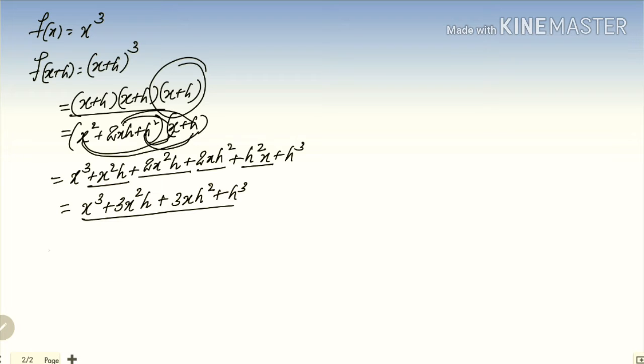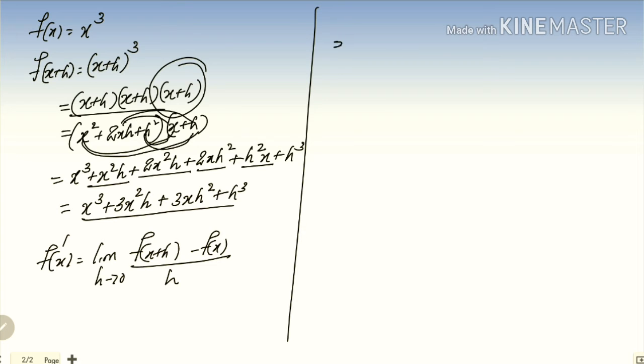Now we can use the formula, f dash x is the limit as h tends to 0 of f of x plus h minus f of x, divided by h. Now substitute.